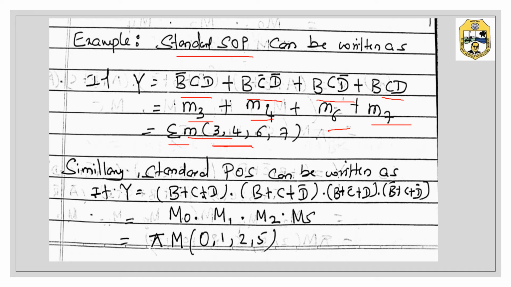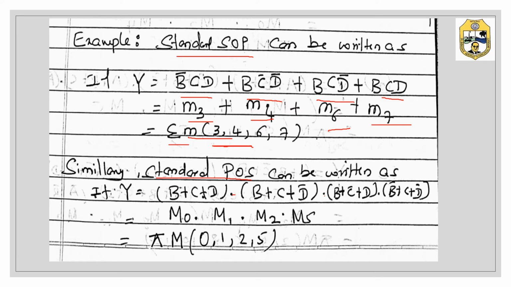Similarly, standard product of sum can be written as Y equals bracket of B plus C plus D, multiplied by bracket of B plus C plus D bar, multiplied by bracket of B plus C bar plus D, multiplied by bracket of B bar plus C plus D bar.